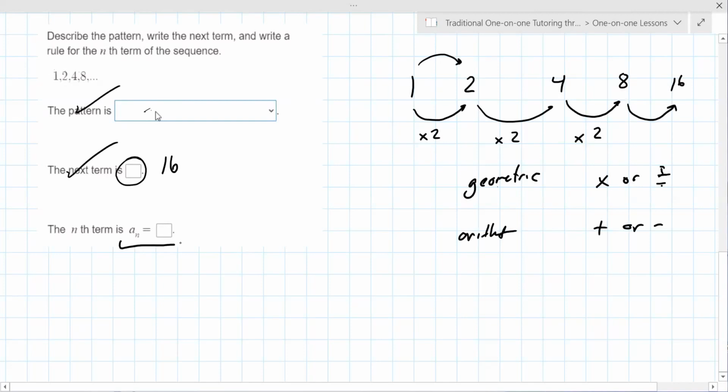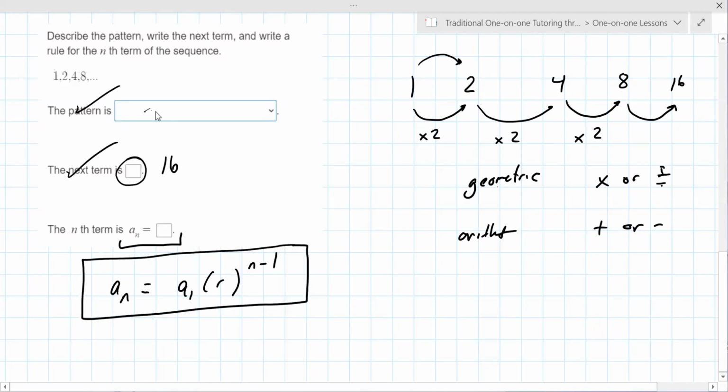For a_n, there's a formula for geometric, and it is the first term times what's called the common ratio between terms, to the n minus 1 power. You're going to have to know this formula, or at least be able to recognize it when we do some more problems, but I'll obviously give it to you here.